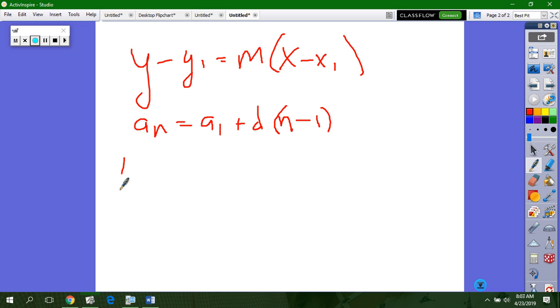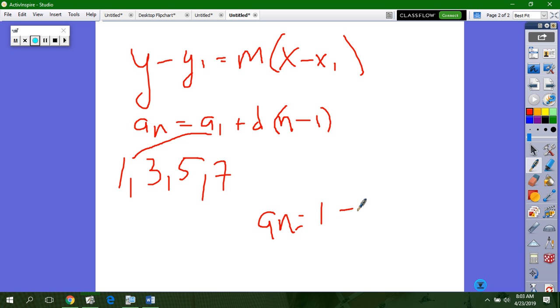Notice we just had that term 1, 3, 5, 7, and so on. Let's figure this out. What's our a sub 1? 1. So a sub n equals 1 plus what's our difference? Difference is 2, times n minus 1.